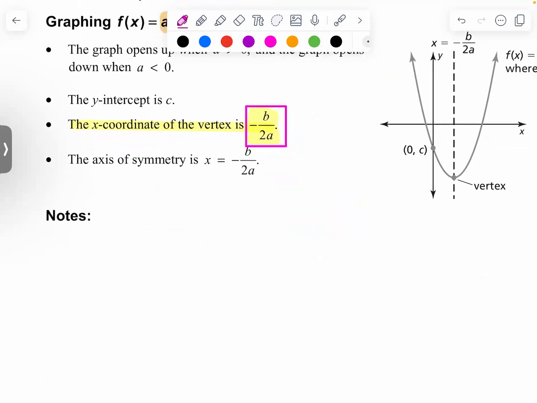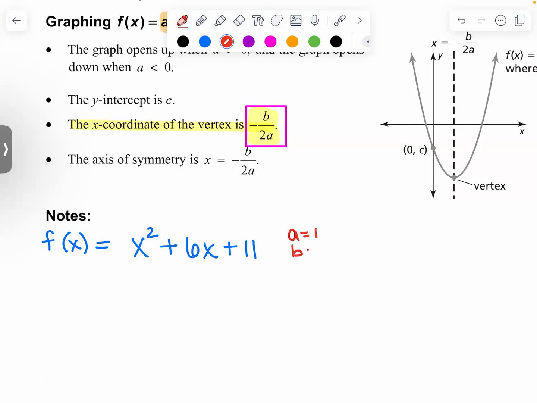So I'd like you to write down for me f of x is x squared plus 6x plus 11. All right. What is A? A is 1.